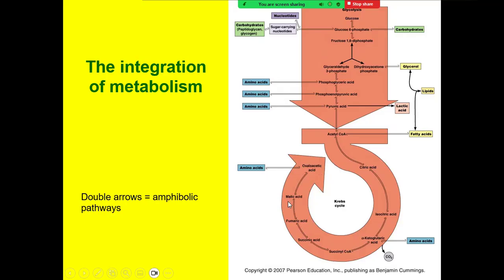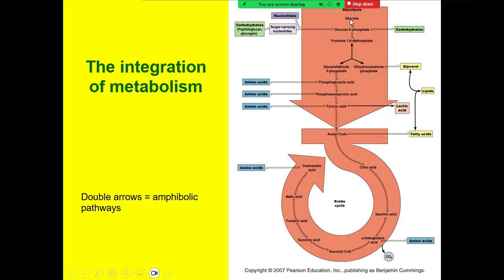By going backwards, backwards, backwards. That's a pathway in two directions, going back to acetyl-coenzyme A, using acetyl-coenzyme A to make pyruvic acid, going this way. And you see this here? This is a two-way pathway because it got the arrow there. So glyceride 3-phosphate can be converted into fructose 1,6-diphosphate and then go and make glucose.